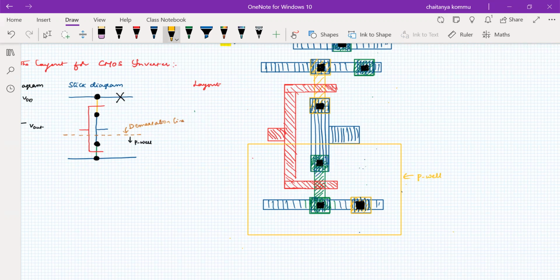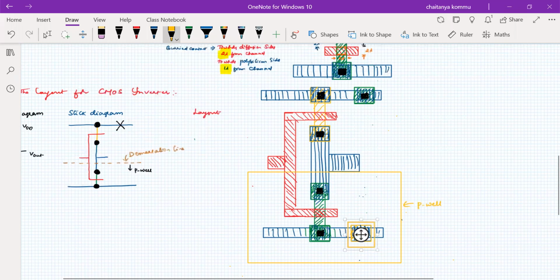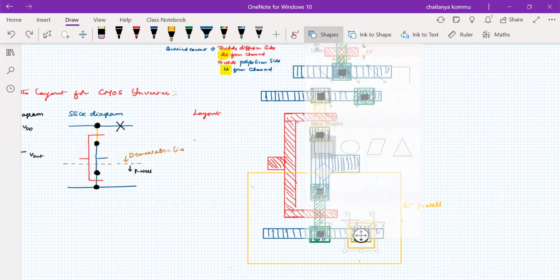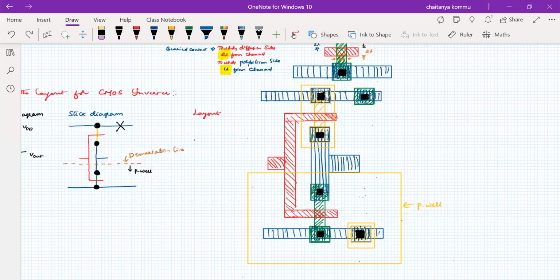And one more thing is that whenever you do the nMOS transistors, P devices must be masked together. For that one, I'm going to use another P plus mask, something like this. Similarly, I have to cover this entire region also. So these are also P diffusions only, right? So we can call this P plus mask.